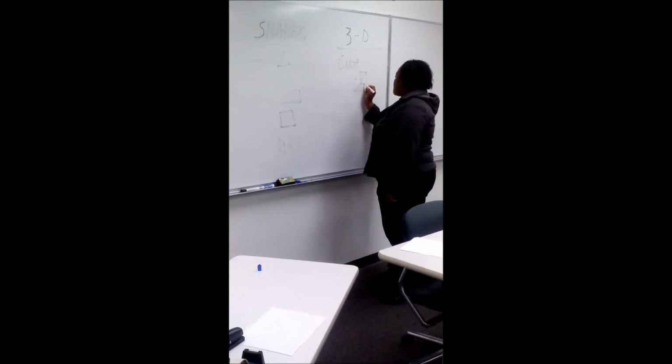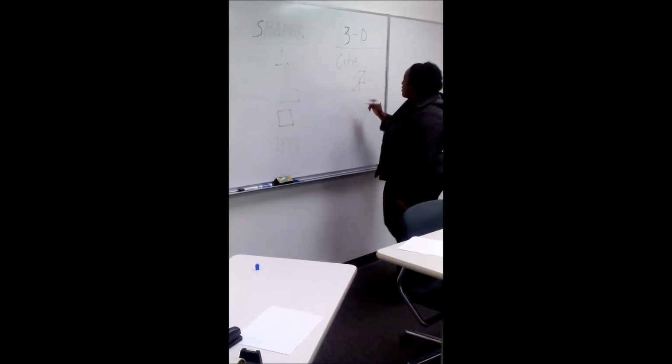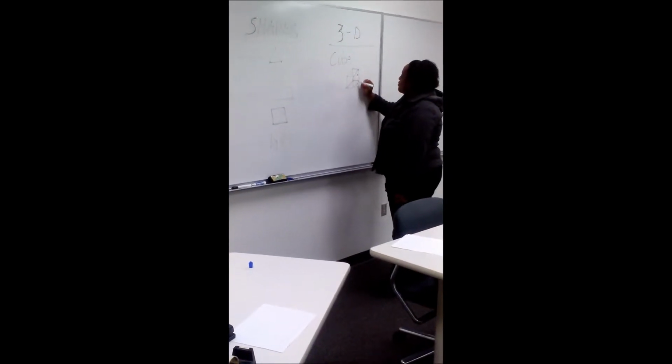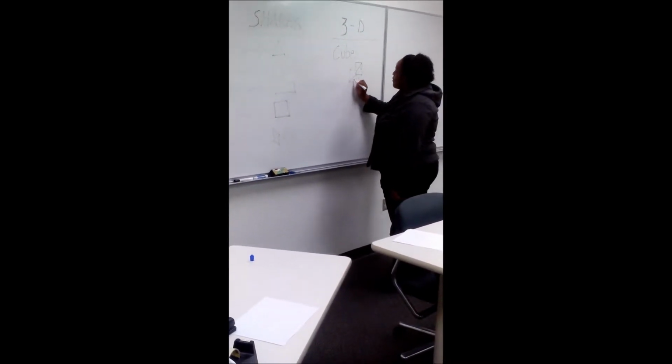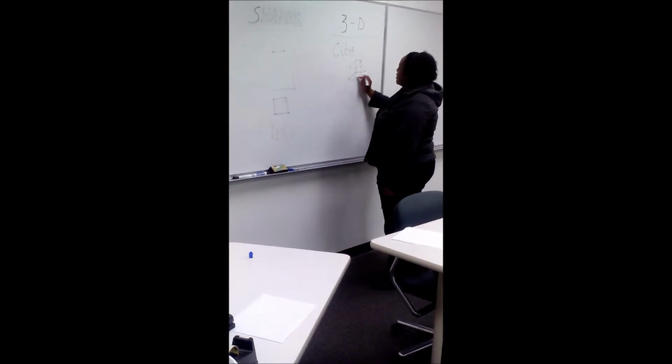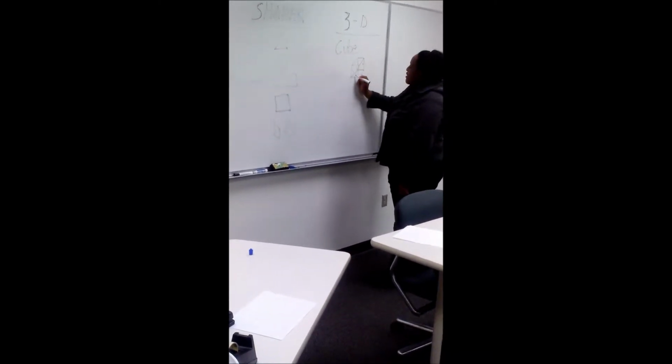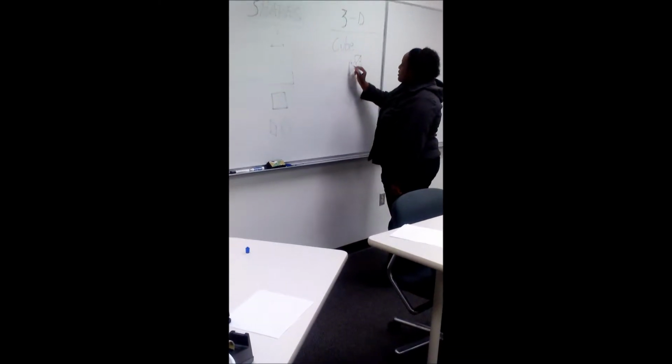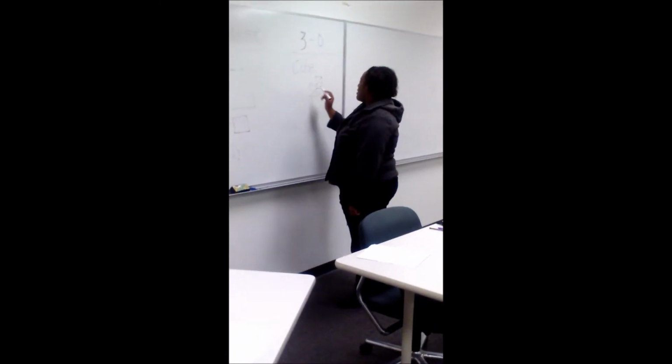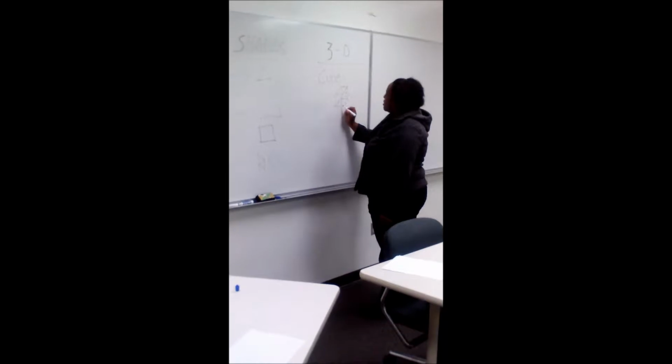Four, five, and then six right there. Let's do it like this: three, four, back here is five, and in the bottom one is six.